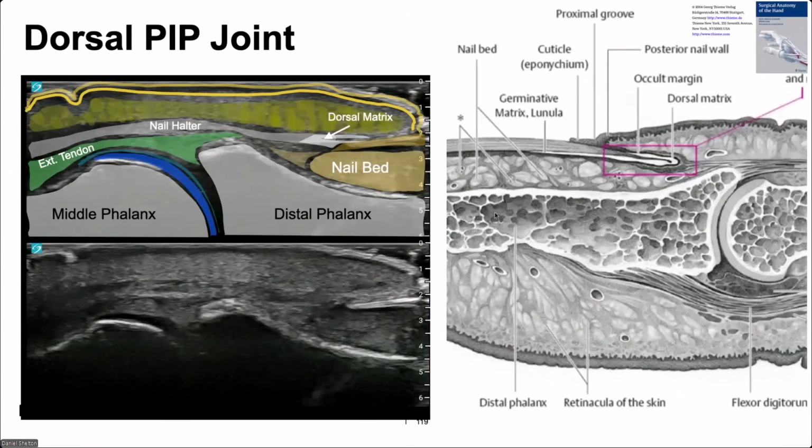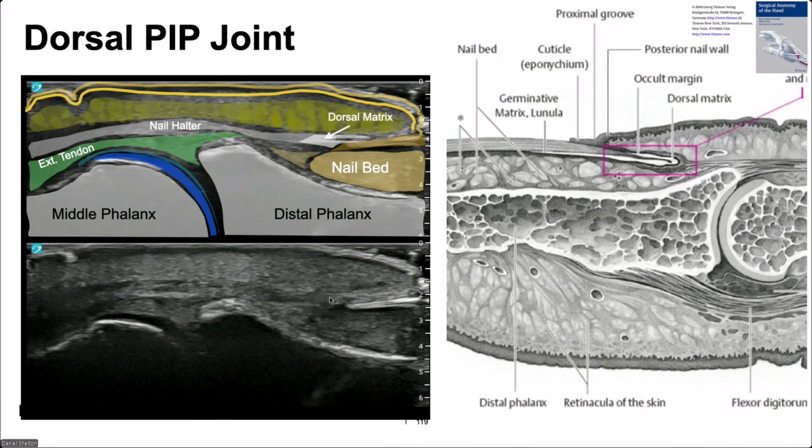I apologize in advance, these two illustrations are facing each other. So the left side of the left screen is proximal, and the right side of the illustration over here is proximal on the right. So distal's in the middle of the screen, I guess you could say. But we can really appreciate these layers of anatomy, where we can see the nail plate come down to the nail root, forming right at this dorsal matrix area where everything kind of granulates and begins growing our nail.